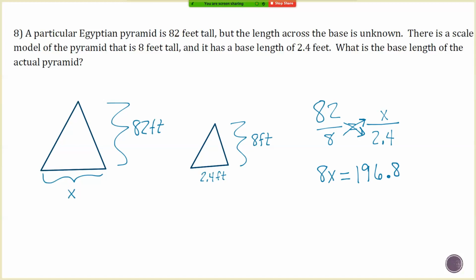So you have 196.8. Yes. So you have 8x equals 196.8. Divide both sides by 8 to get 24.6 feet. So then it's 196.8 divided by 8. Because you're dividing by 8 to get rid of that 8 that's in front of the x. So that tells us that the base of the actual pyramid is 24.6 feet.